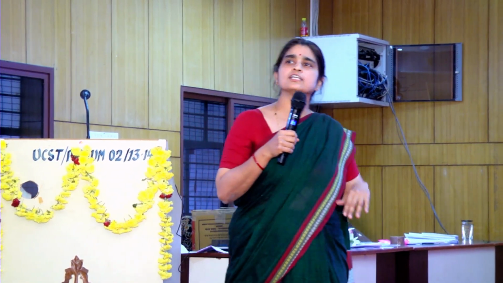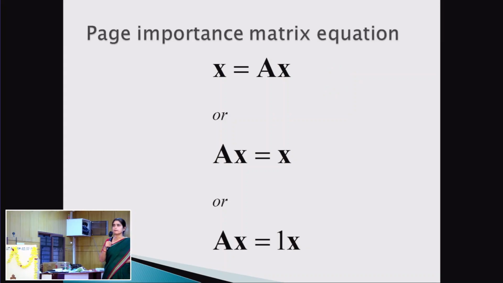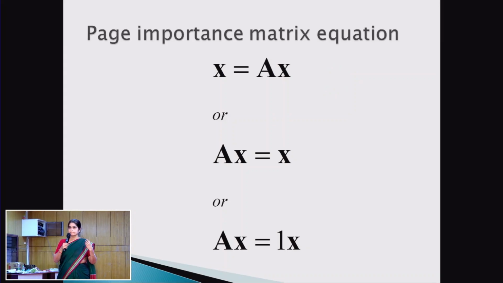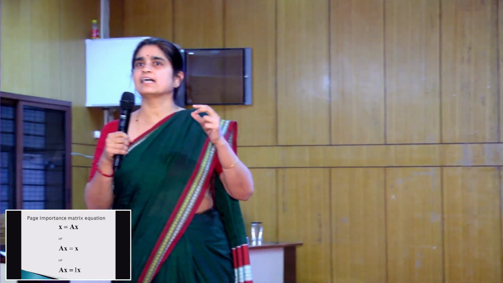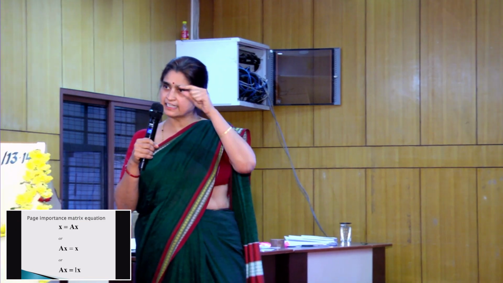The good news is, what kind of matrix will it be? Lots of entries or sparse? Sparse means lots of zeros will be there, or everything will have entries. What do you think? When is a non-zero value there? When there's a link from website A to website B, right?